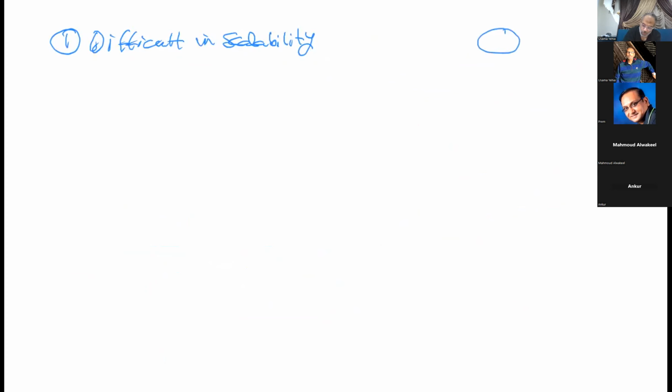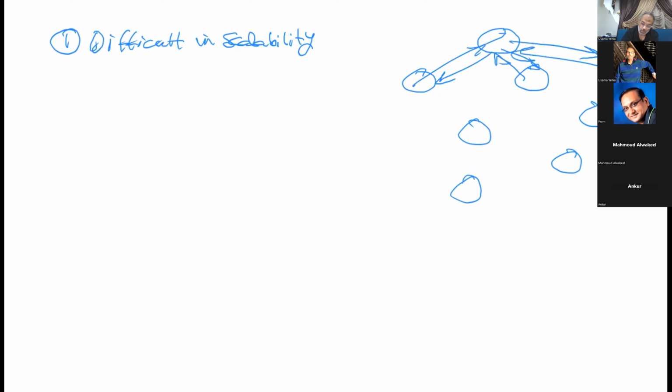Suppose that we have all these parties who want to speak together, and they need a shared key between each other. Just take it from the point of view of this user. How many keys will be required?